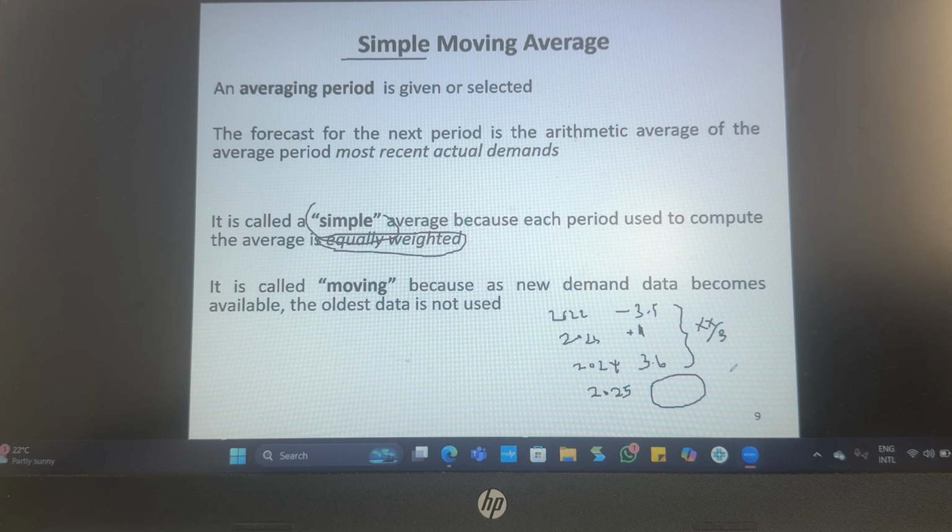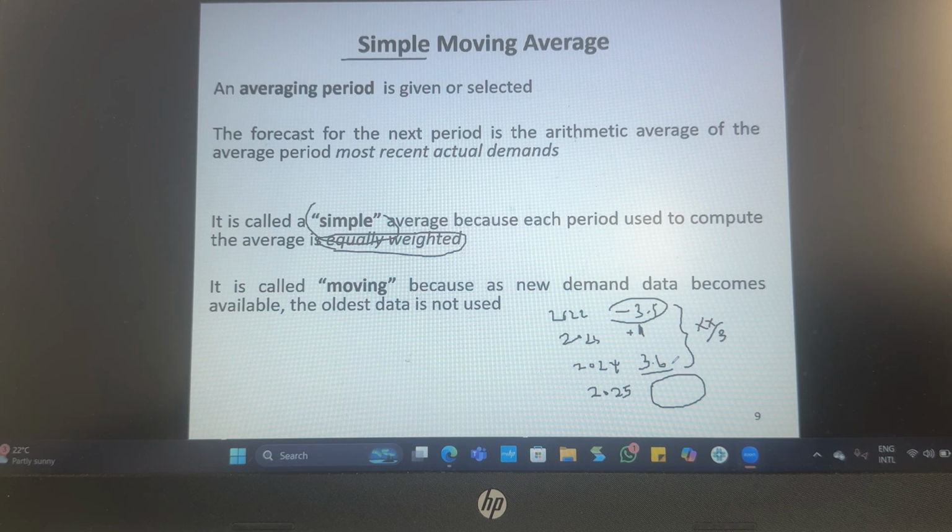It is not very realistic, because the 2025 growth rate is heavily associated with the immediately previous year's number rather than the oldest number. 2022 is a very old number; it has already gone, right?